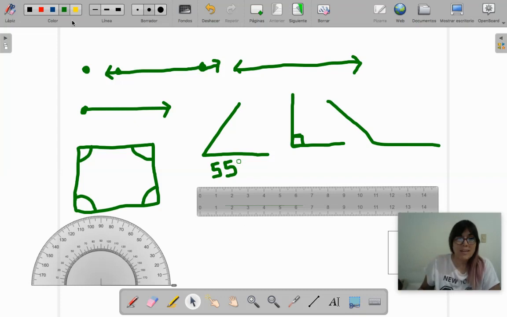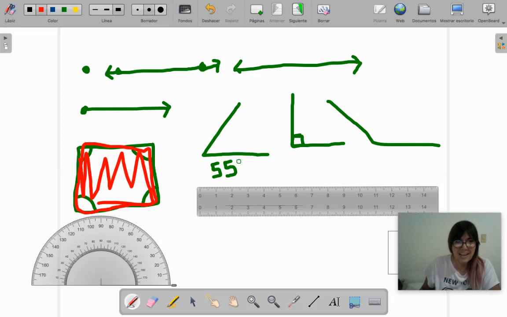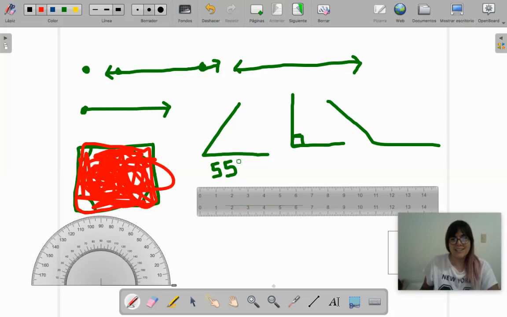We are going to measure, let me do it with red so you understand, the inside of the shapes. That means all this inside, that it would take me a lot to color it here, but this. We have to measure the inside.